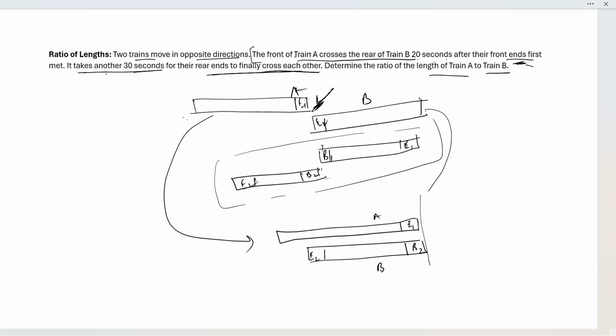From this situation to this situation, it takes 20 seconds. And from here to here, it takes another 30 seconds. I hope this part is clear. What is happening in this situation, how we'll solve it, we'll see. But understanding of the question and scenario should be clear.